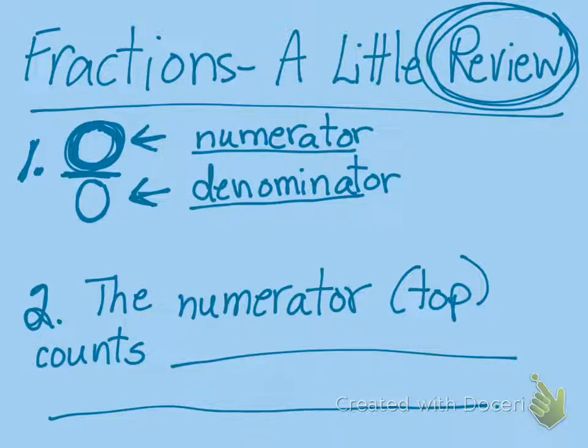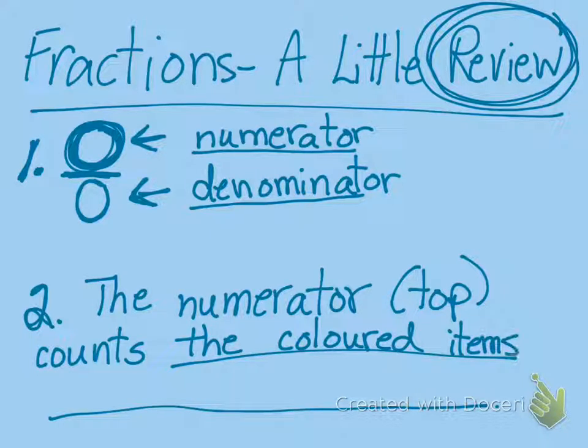Okay, now you might have all kinds of different answers there, but basically the numerator counts, just for this one, we'll say the colored items. You could be counting the non-colored items as well.